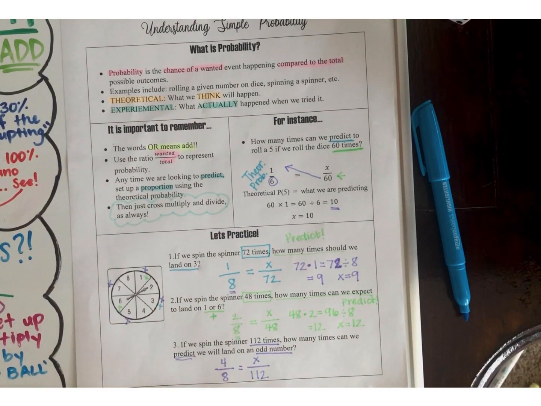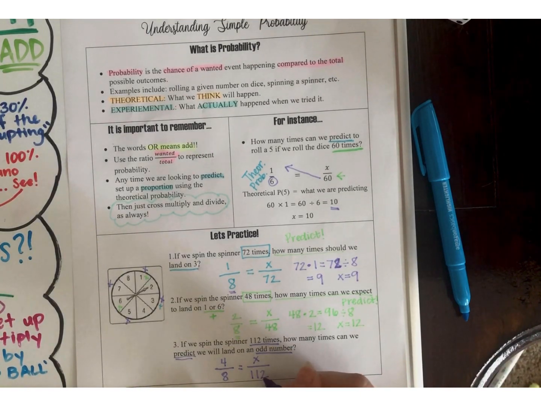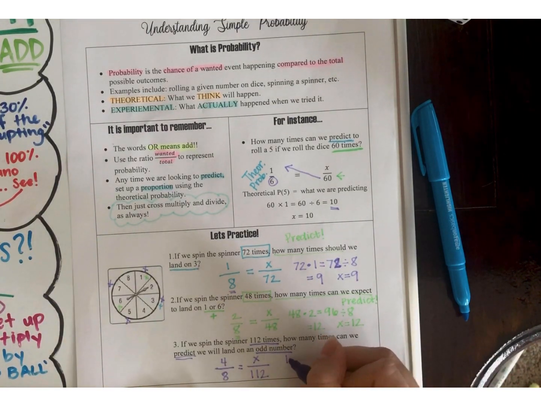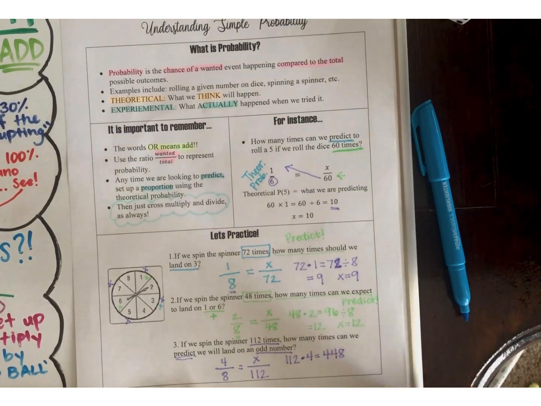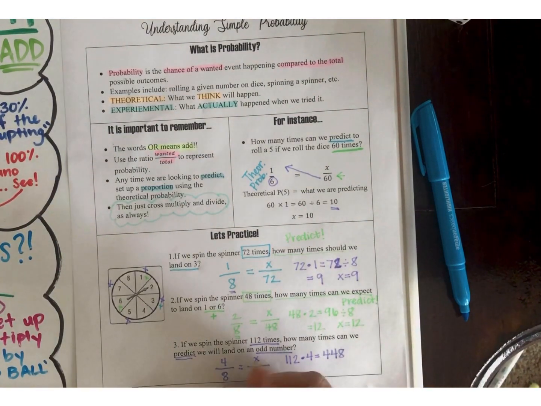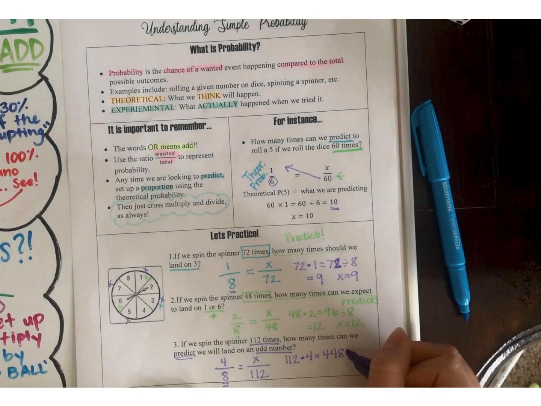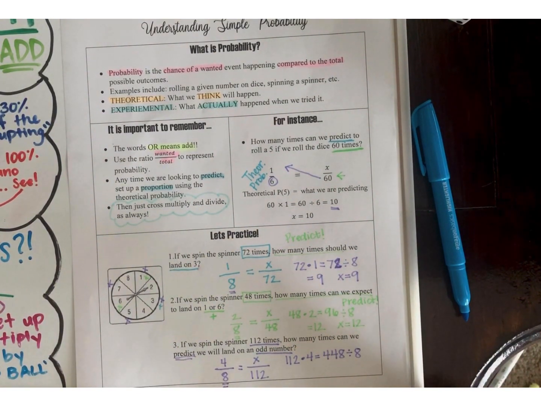So first we're going to cross multiply. So we do 112 times 4, which gives us 448. Okay? And then we divide by our oddball. So then divide by 8. Okay?